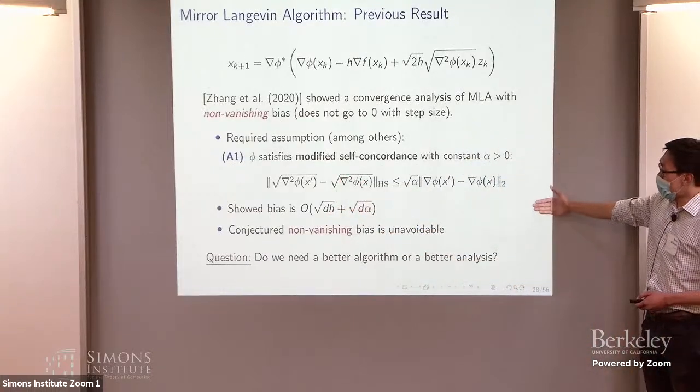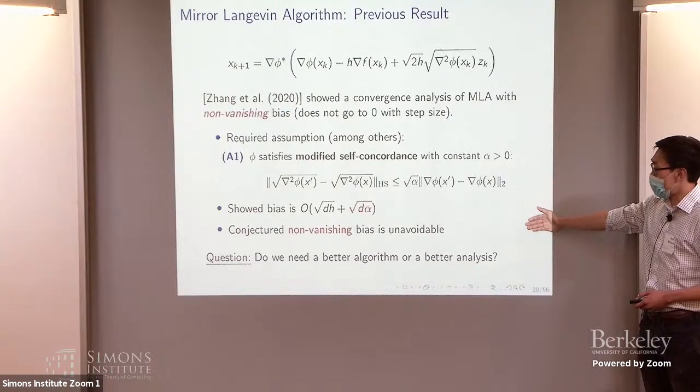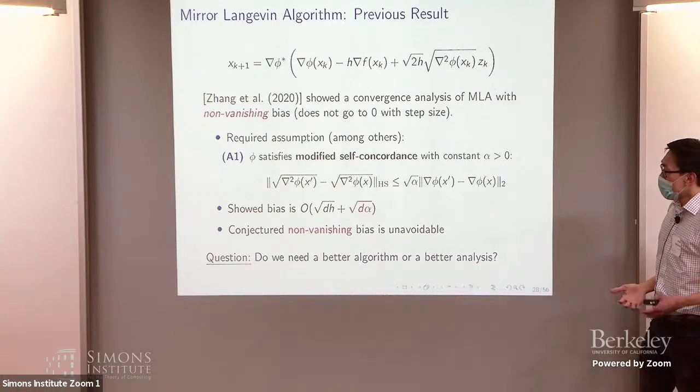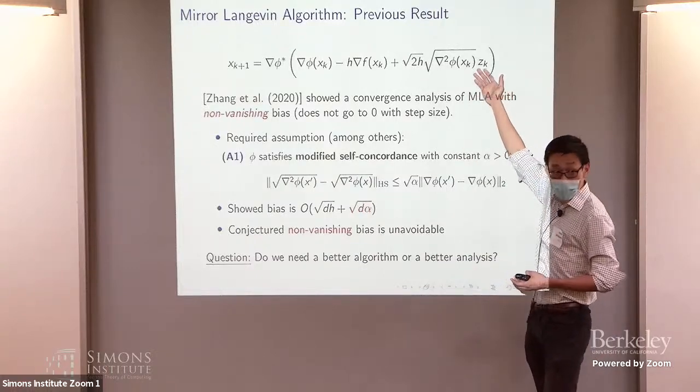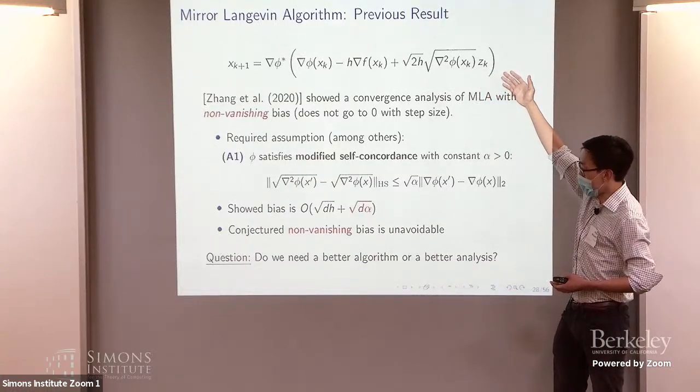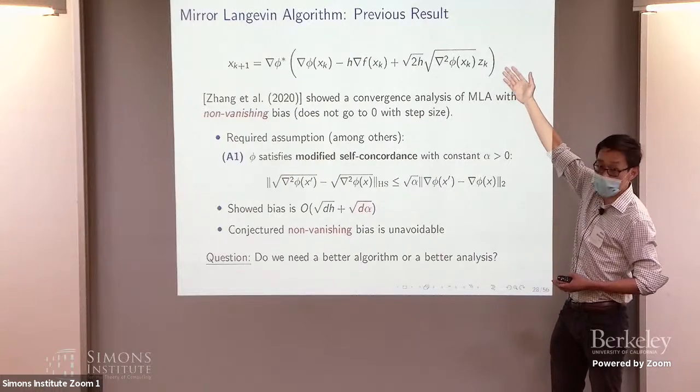But this observation and this conjecture motivated the question: do we need a better algorithm, maybe a more sophisticated discretization of the dynamics, or can we just analyze this in a better way?